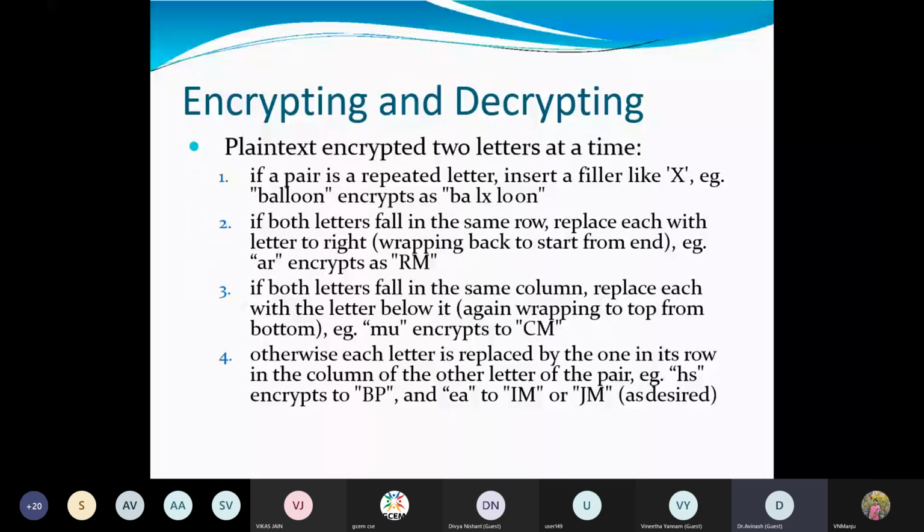The plain text is encrypted two letters at a time.